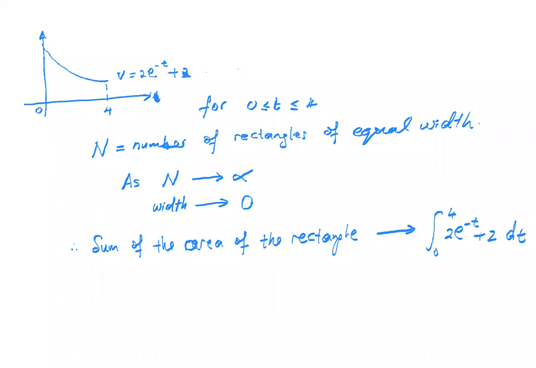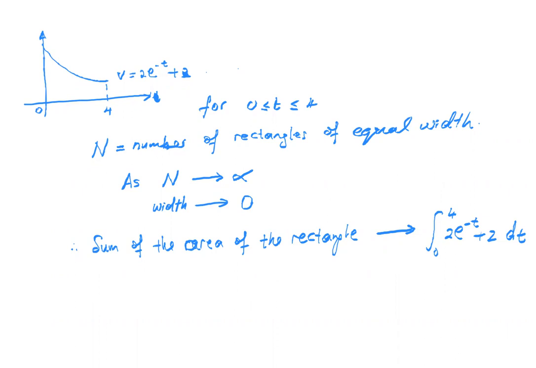Are you clear? Because as the width become very small, you are practically adding up the area of a straight line. Actually, straight line, there is no area, correct? So there is no extra or less space in between. So you get the total area. So this is the sense of integration.